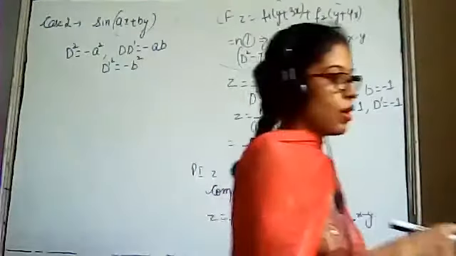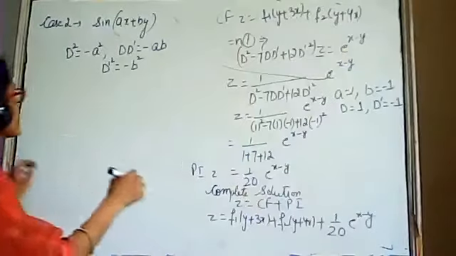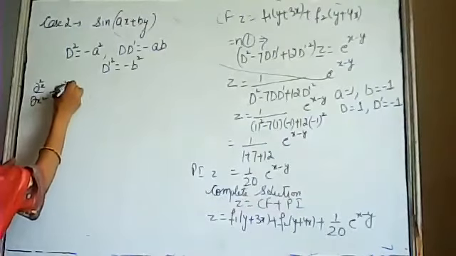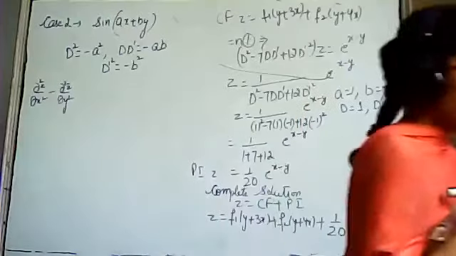Question is solve, del square z upon del x square minus del square z upon del y square.